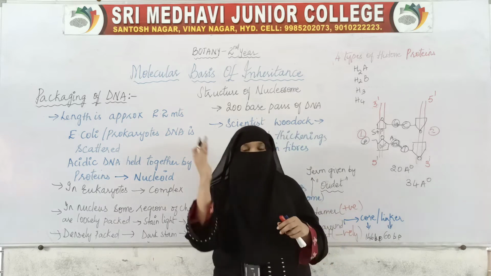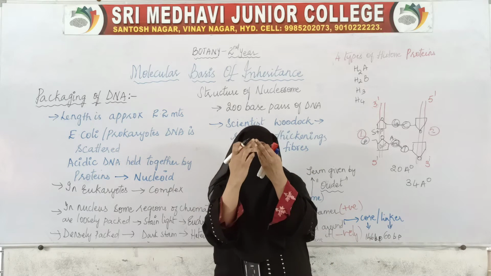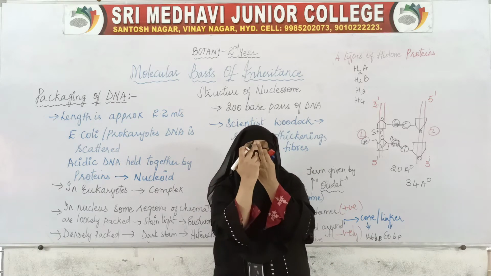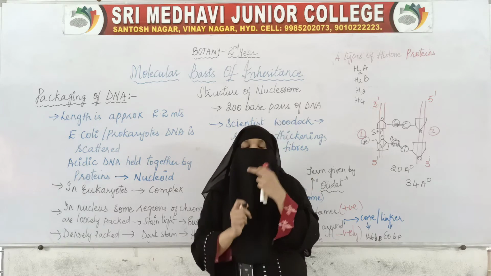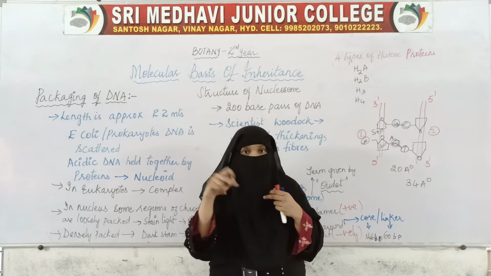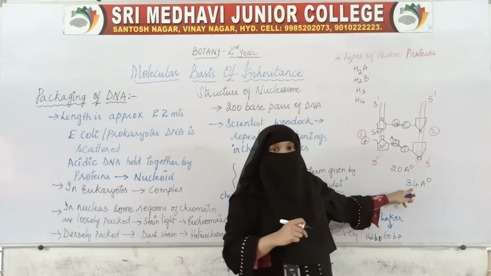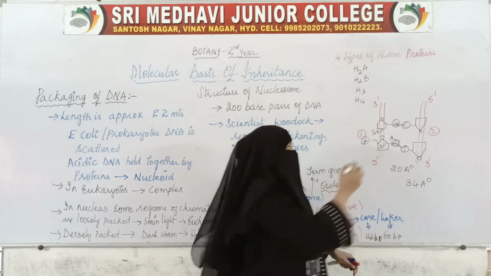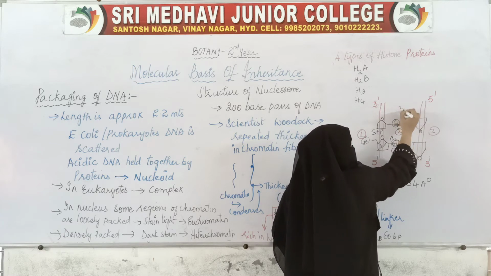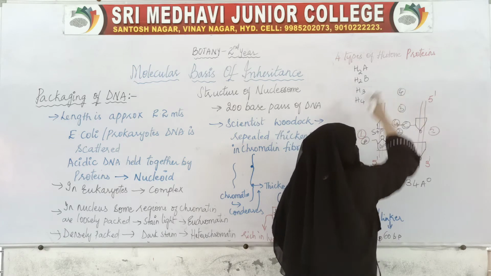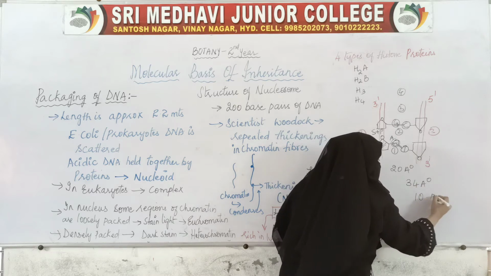If I start from here, go around and come around again, that is one turn in total, and the distance is 34 angstroms. And in this distance, this is one base pair, this is another base pair, another, then a fourth. So in one turn we find 10 base pairs.